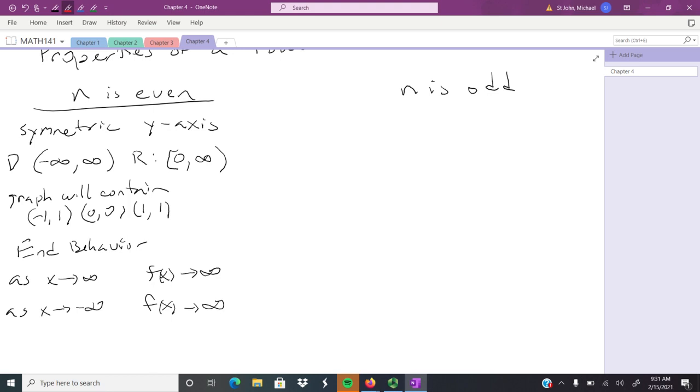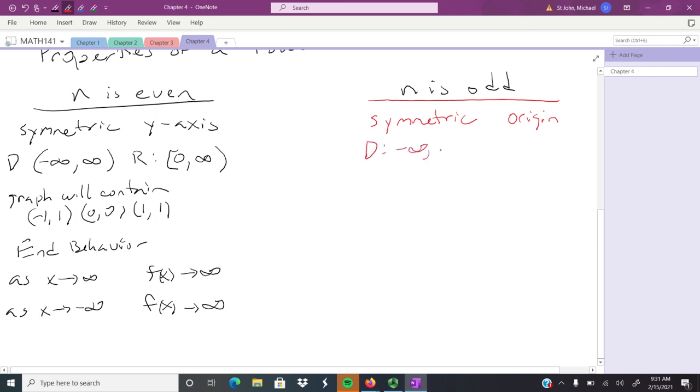All right. So now if n is odd, it's going to be symmetric with the origin. The domain is negative infinity to infinity, and the range is negative infinity to infinity. The graph will contain the points negative 1, negative 1, 0, 0, and 1, 1.